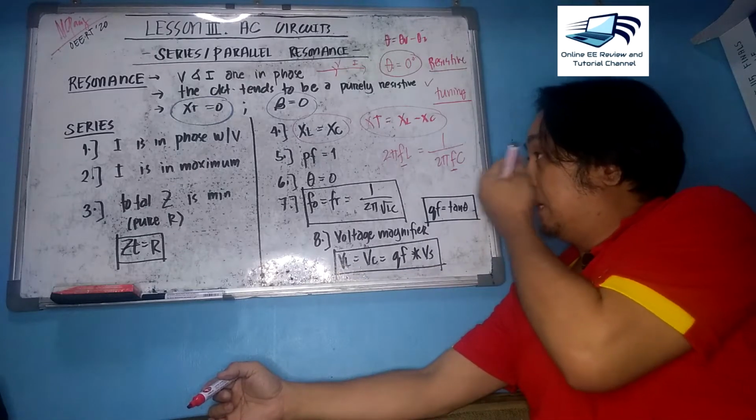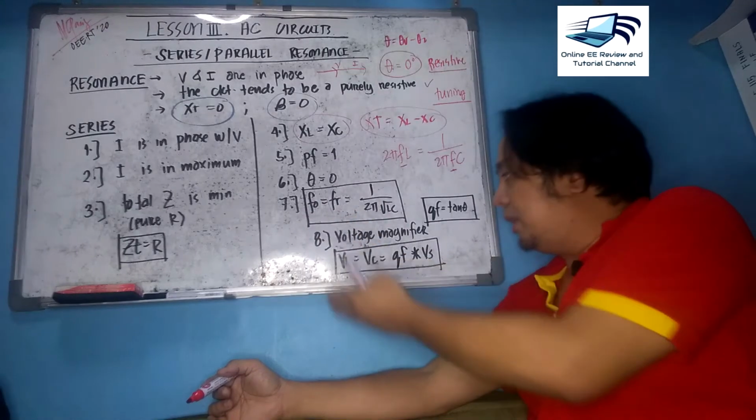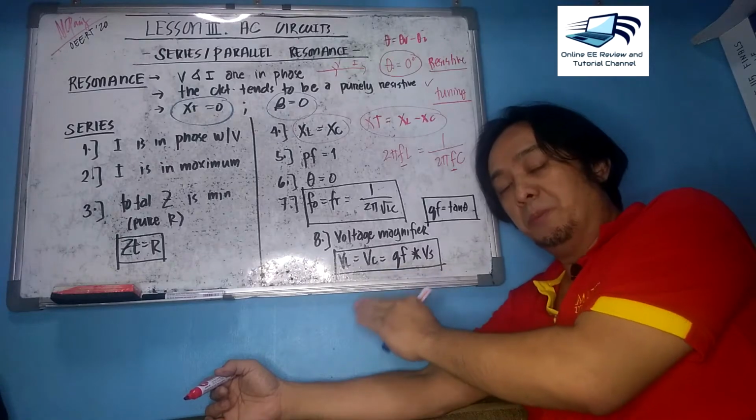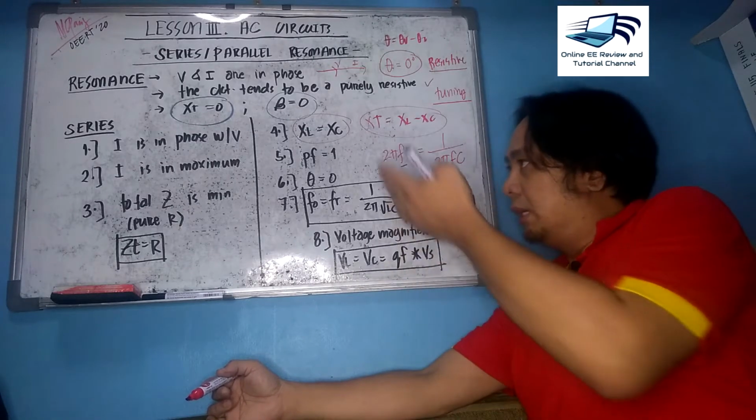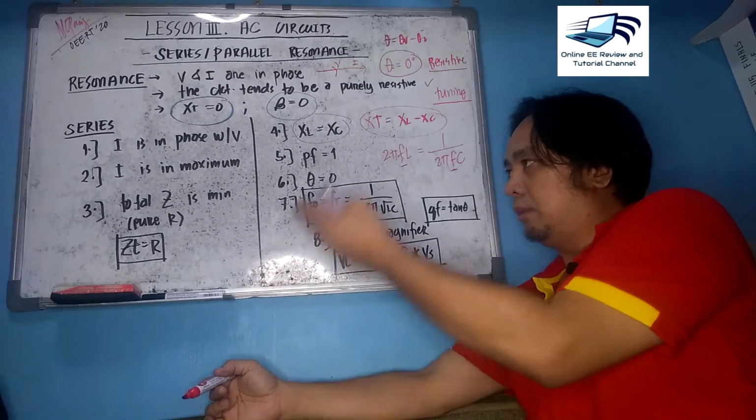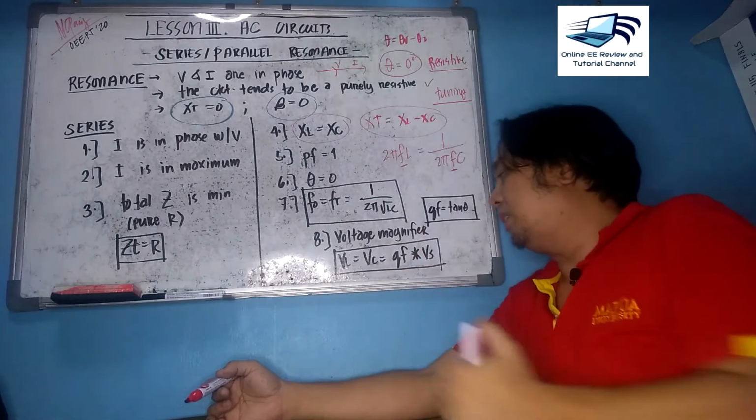The series resonance is like a voltage magnifier. This is analogous to what we have discussed on circuits, that a series circuit is concentrated in voltage, while a parallel circuit is concentrated in current.